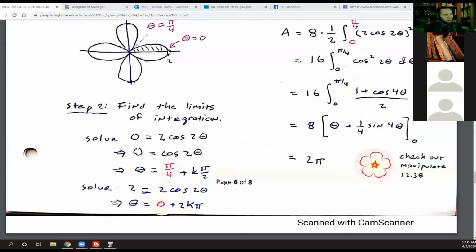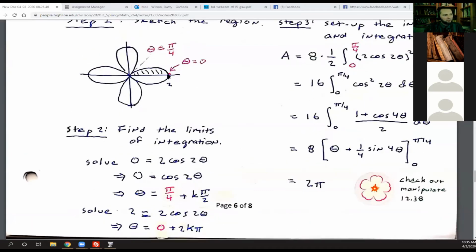So think about how the curve is sketched out. If you were to graph it, it's theta equals 0, and then the curve sweeps around, and then it gets back here at 2 pi, and then it keeps going.